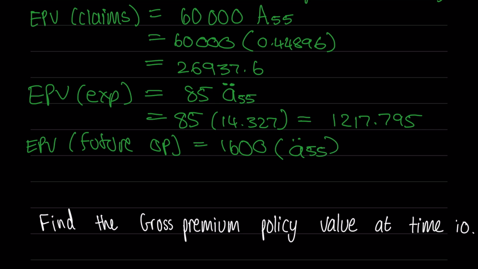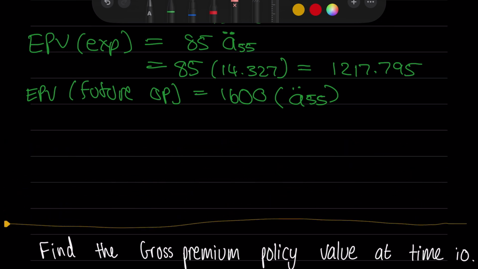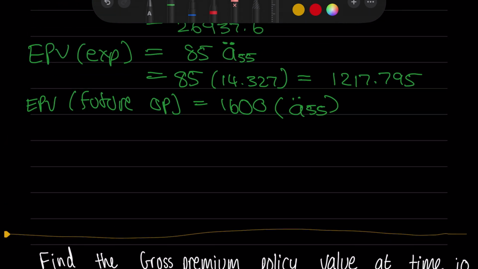Let me just make some more space here. Cool. Which was tabulated. We have that amount, 1,600, 14.327. Calculator.